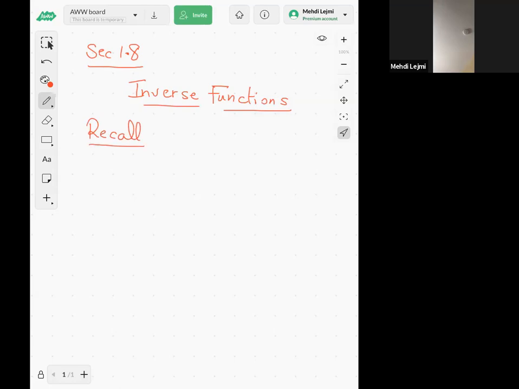So we have a function f. Let f of x be a function.